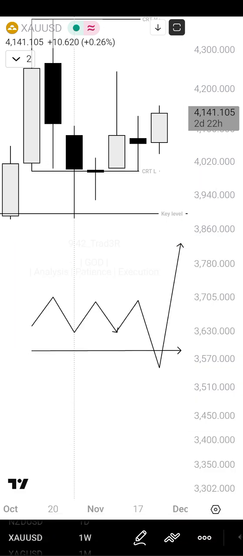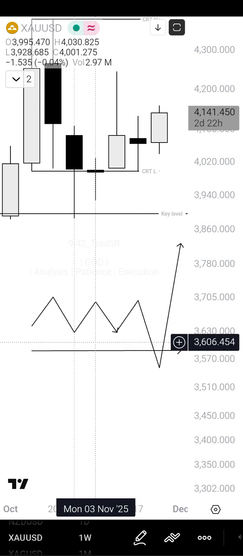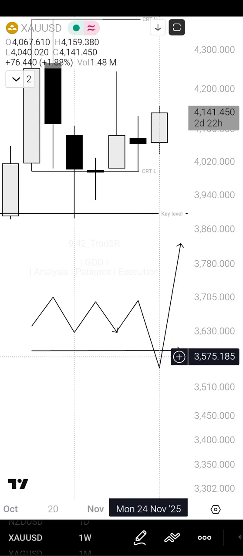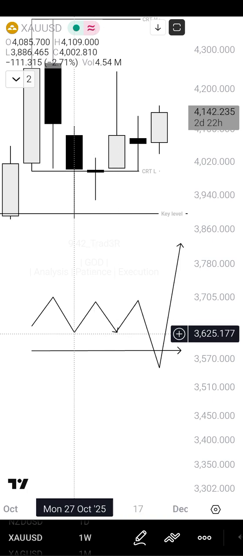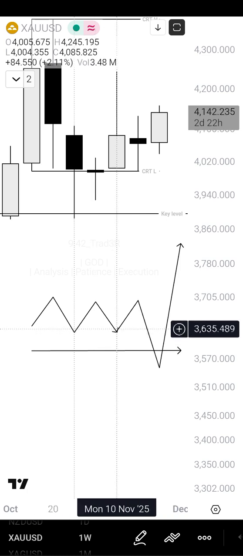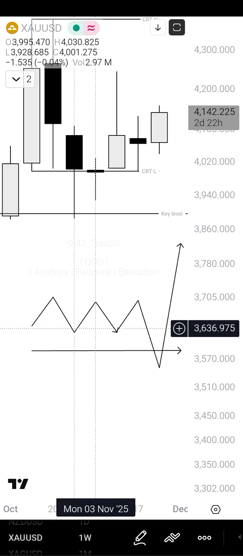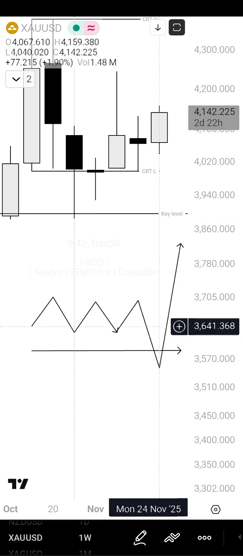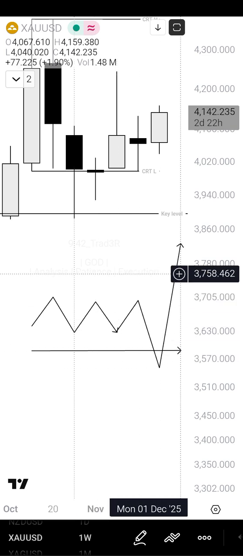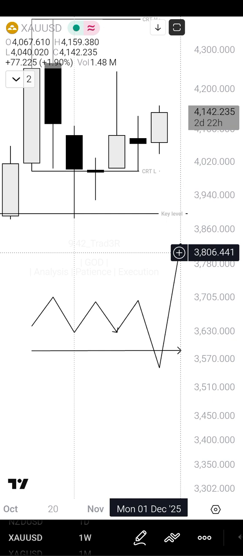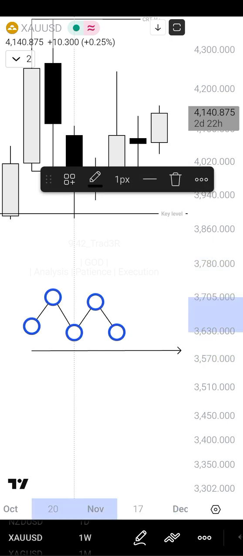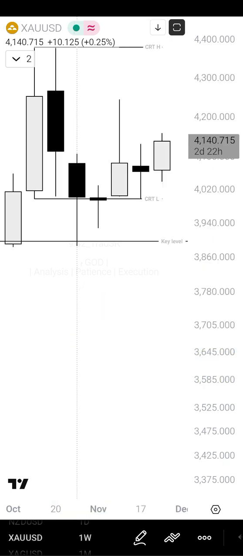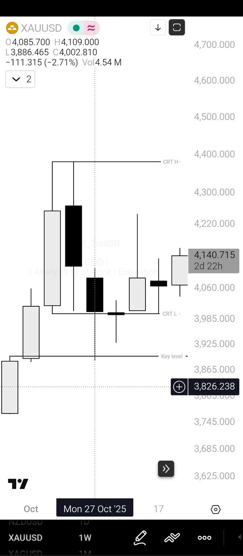When this happens, it's known as a manipulation into your key level, and a manipulation to take out sell stops in the marketplace before they push up to the upside. So let's see what happened inside of this manipulation candle.